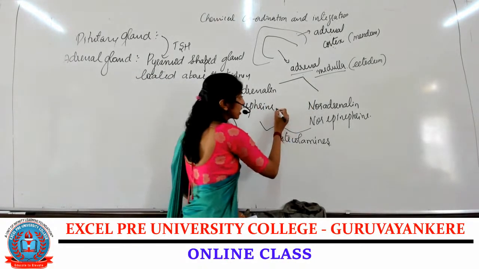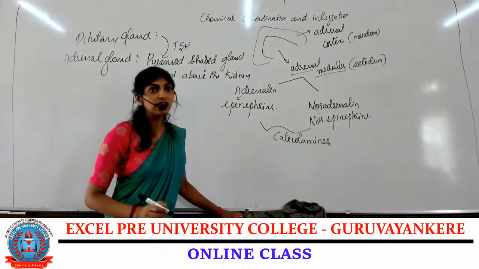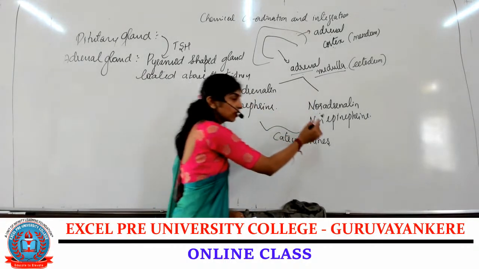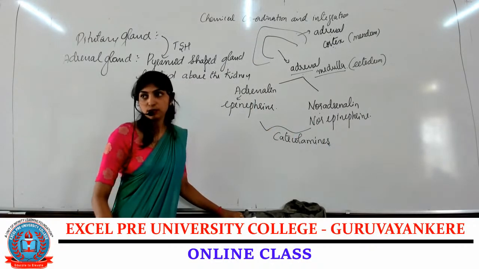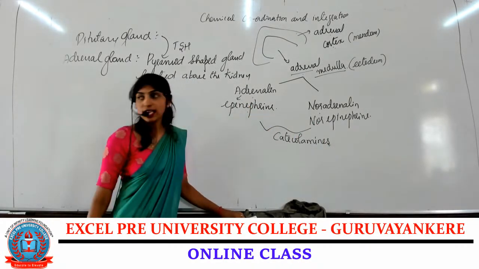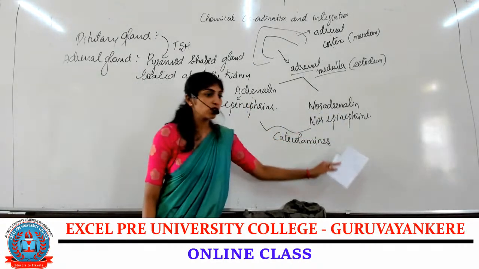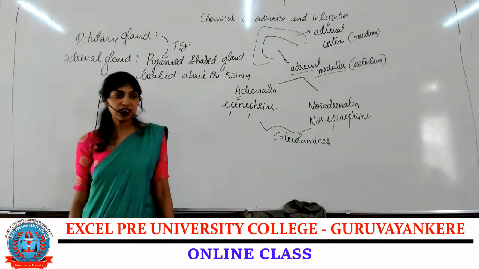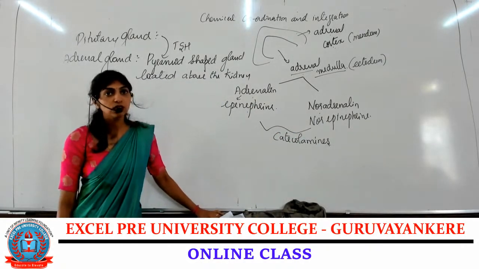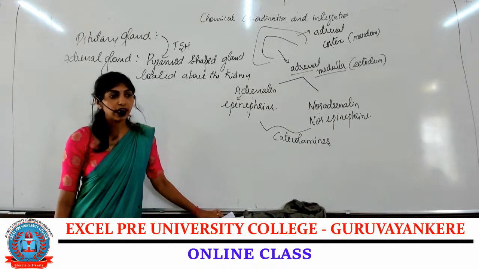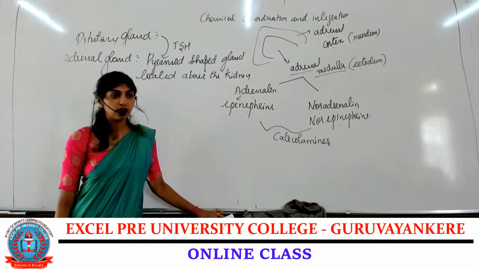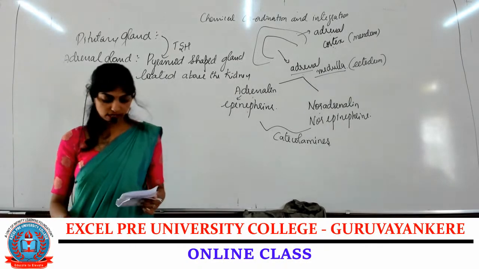Adrenal medulla secretes 2 types of hormones, adrenaline and noradrenaline, or epinephrine and norepinephrine. Is that clear? Together, what are they called? Catecholamines.